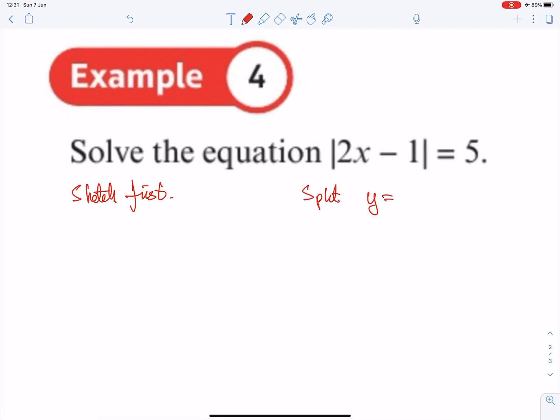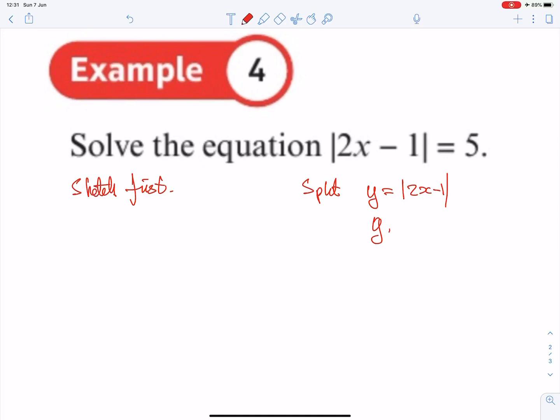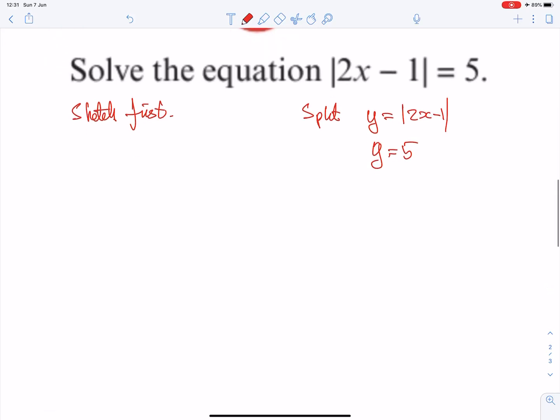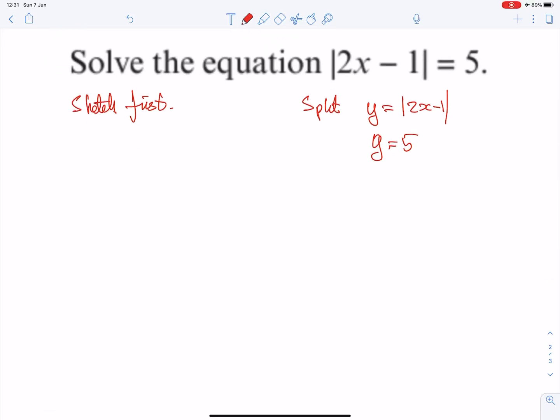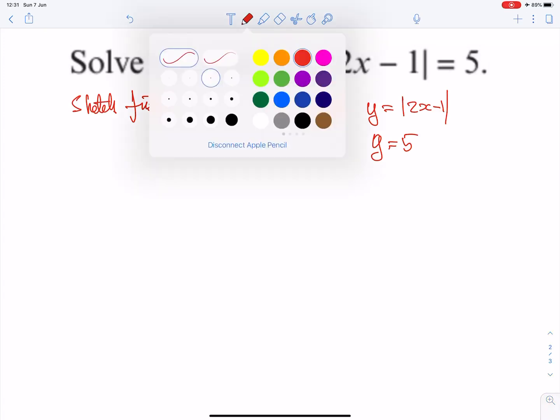We're going to sketch y equals 2x minus 1 as one function, and y equals 5 as our second function. We've done stuff like that at GCSE. So we've got to sketch those two graphs.